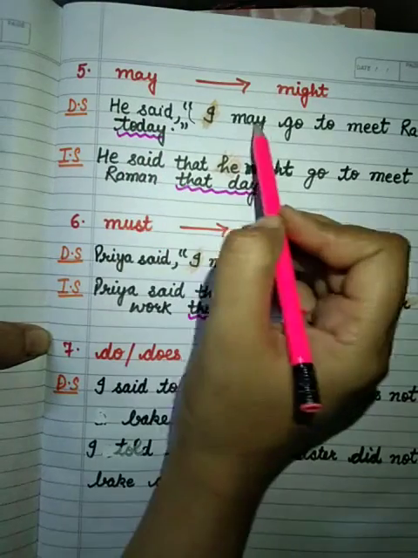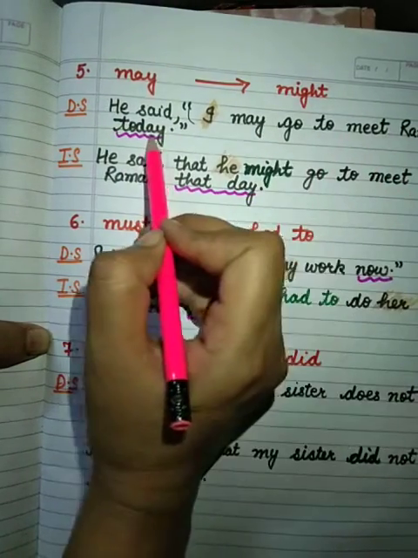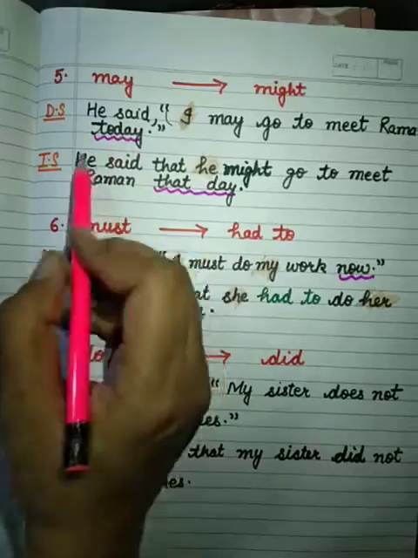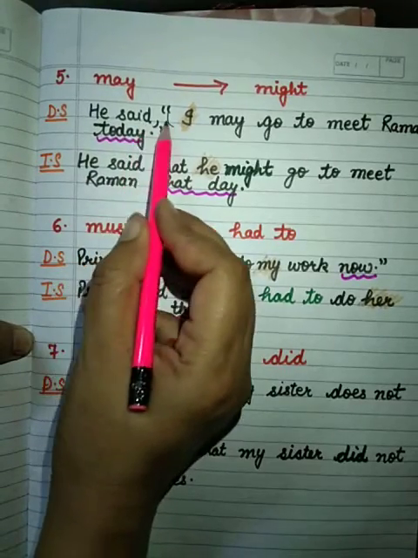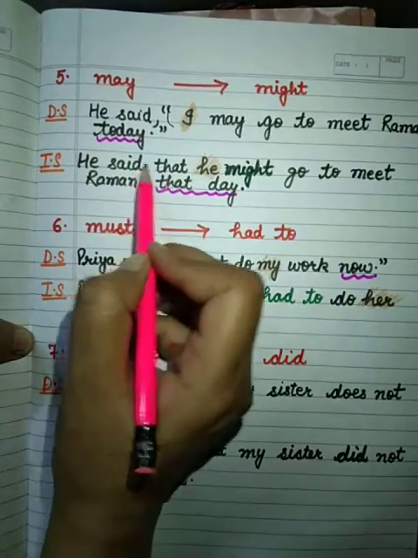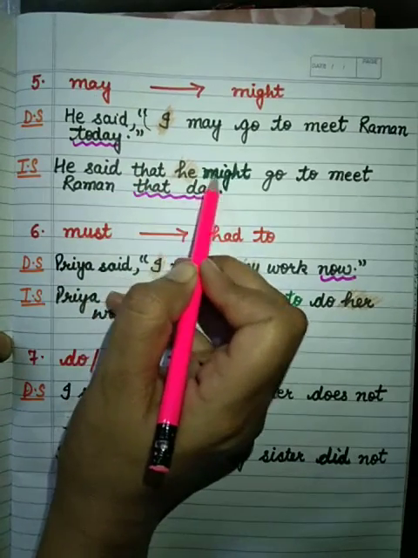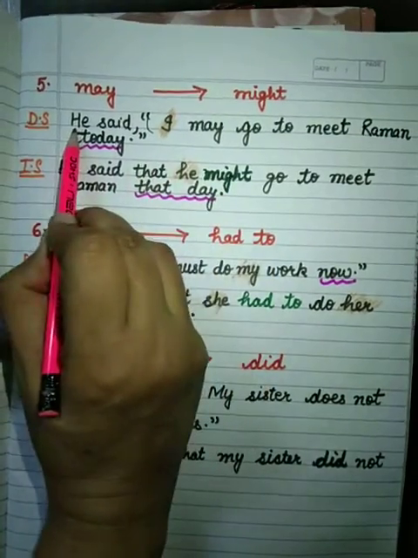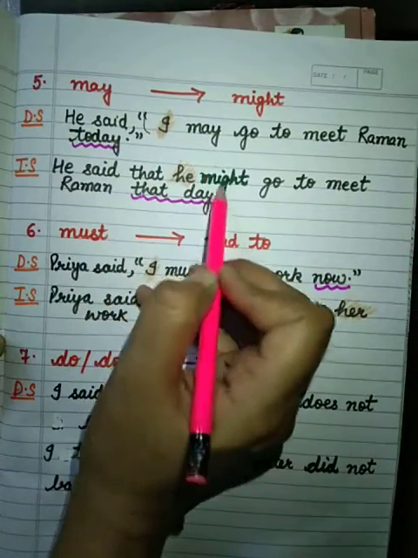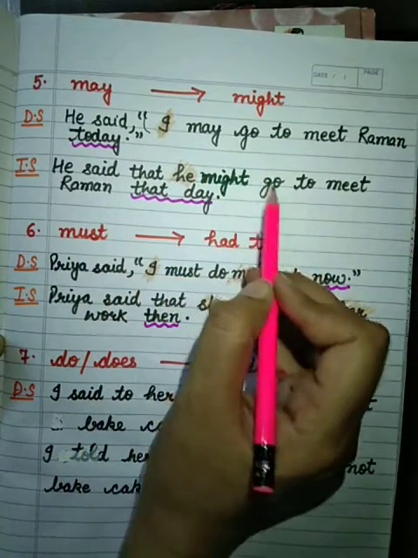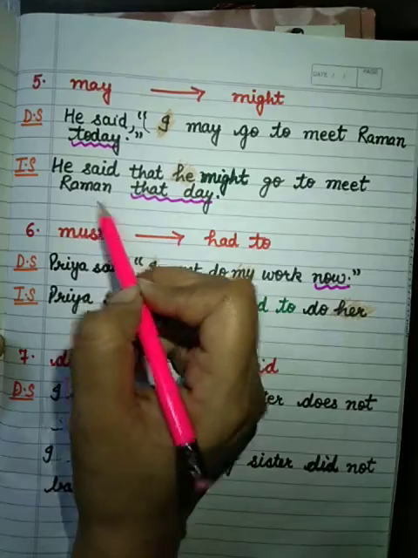He said, I may go to meet Raman today. He said, no object is given. Said will remain said. That, remove these quotation marks, use that. He might, I will change according to subject. He may changes to might go to meet Raman that day.